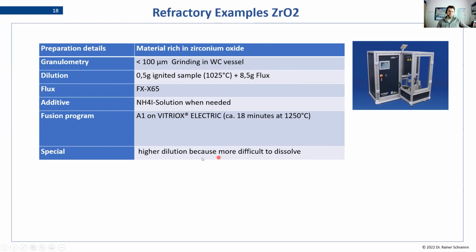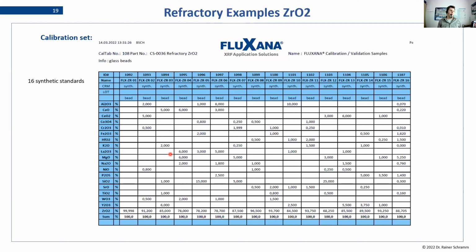It is really difficult to get this into a homogeneous bead because even if you play with longer temperature programs, it's difficult to dissolve. It's even more difficult than silica. So that's why we need to use a higher dilution factor. We need to use less sample in order to be 100% in dissolving here to get a good bead.